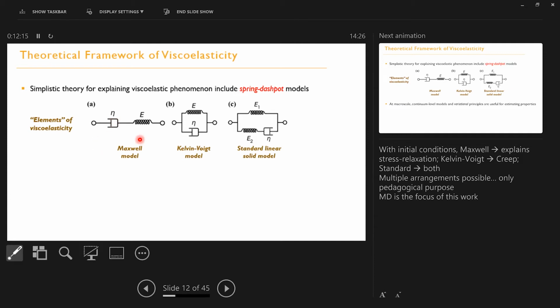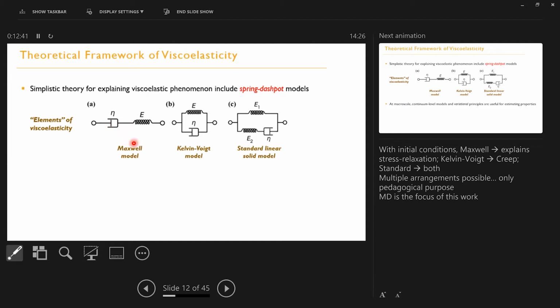Again, it's very simple. The elastic portion is modeled by means of an ideal spring. This term E here refers to the modulus, so force is proportional to displacement here. And the viscous component is modeled by a dashpot. A dashpot is basically a damper, typically used in automobiles, that will dissipate the energy.